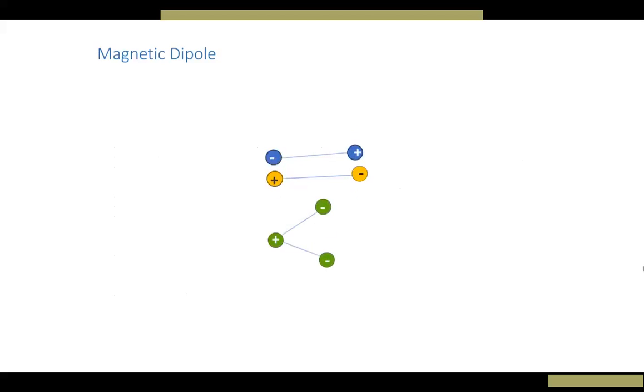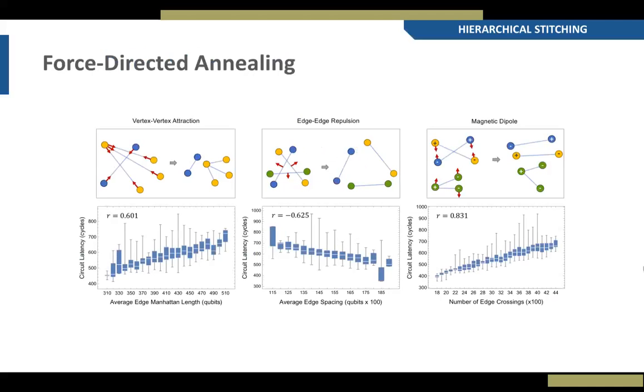So those were the heuristics that we used, and we wanted to quantify how well those things actually capture what we're trying to do, which is optimize the latency of these circuits. Each one of these heuristics induces a metric. To study how well they mapped to optimization, we took our distillation circuits, randomized the qubit mappings on these surfaces, and then calculated and plotted the circuit latency against the value of the metric at any particular time.